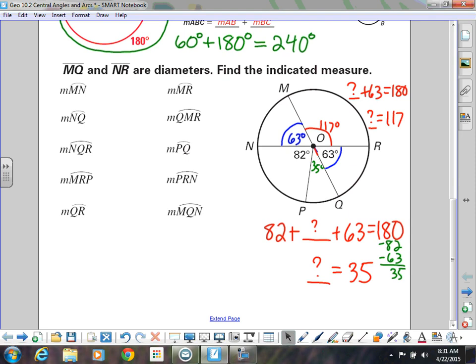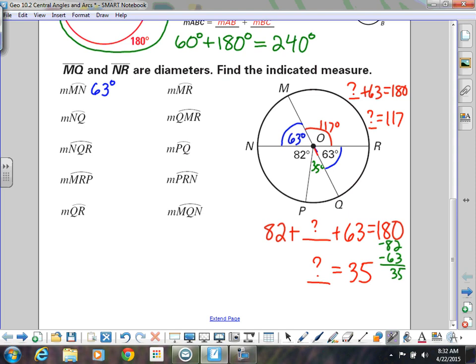All right, so let's do some tracing. First one, we have to find the measure of MN. So MN goes here. Remember, if you need to, trace out the piece of pie so that you know what angle it's talking about. That's 63 degrees. All right, MR. Let's trace that one out.